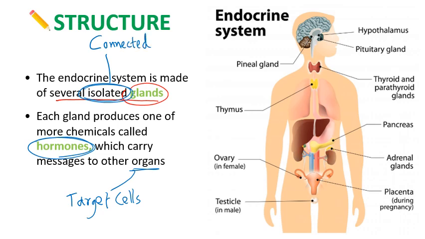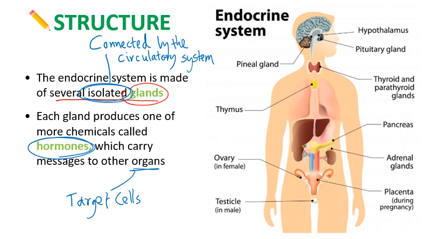Endocrine glands can still send hormones to each other, and they're going to do that using veins and arteries. So the circulatory system, like we mentioned earlier, helps connect the endocrine system.